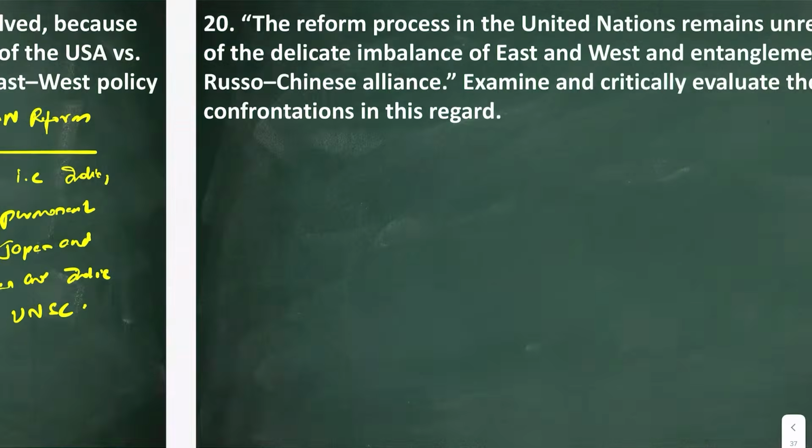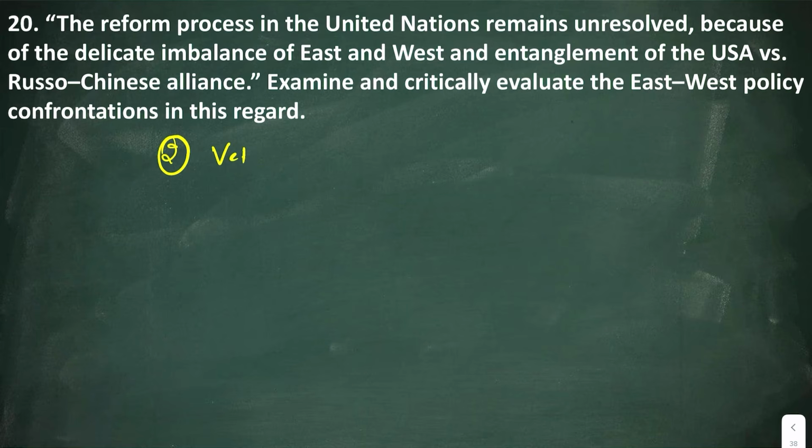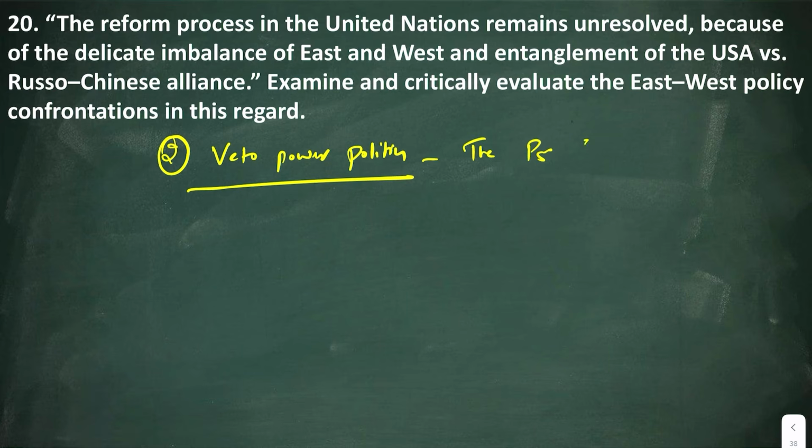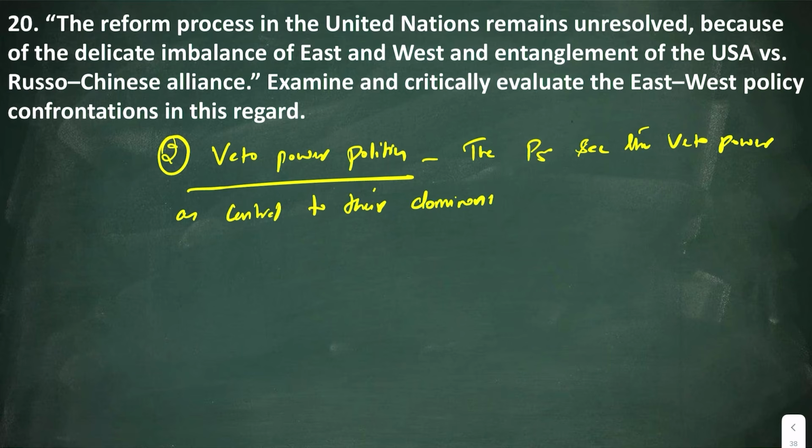The second one is veto power politics. Veto power politics. What does this mean? Look at this. The P5, means permanent 5, see the veto power as central to their dominance, and use this veto power to further their interests.